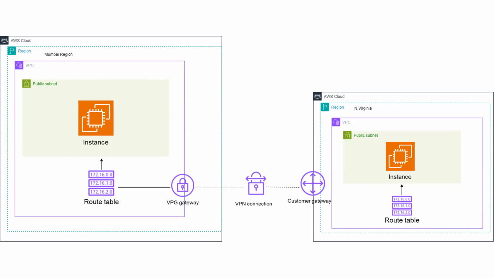Without a VPN connection, the residents would have to go outside the apartment complex, which is the VPC, and then come back through the main gate, which is the internet gateway, to get to the internet. With the VPN connection, the residents can use a secure tunnel to connect directly to the internet from their building without having to leave the apartment complex entirely. So the route table shows that the residents in the Mumbai building, which is a public subnet, will use the VPN connection to get to the internet, while the residents in the North Virginia building will use the internet gateway.